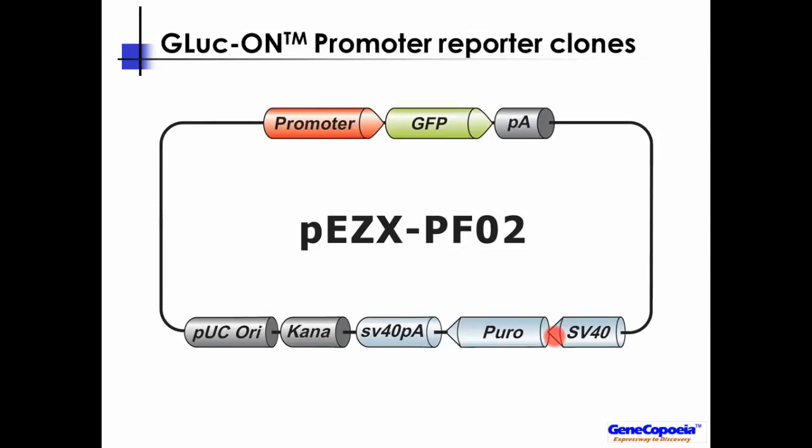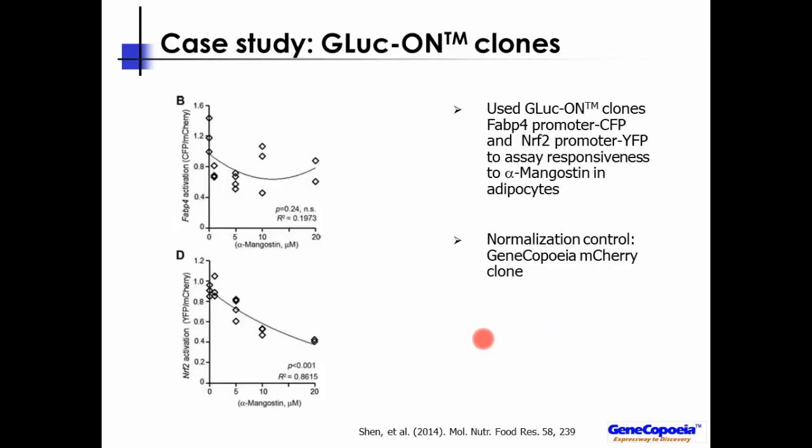At GeneCopoeia we have such clones for traditional reporter technology. This is an example of one of our vectors where we clone a promoter, like I said, upstream of GFP, and these can be transfected very conveniently into mammalian cells.